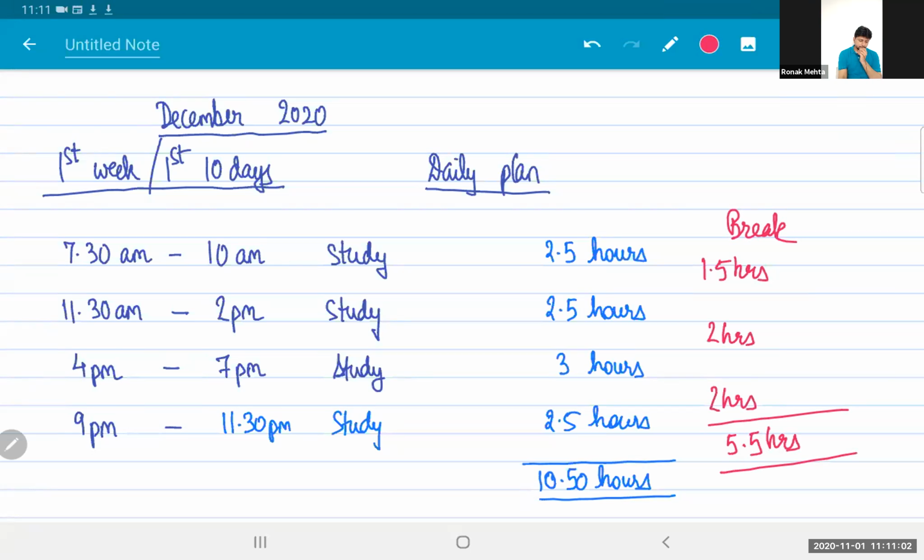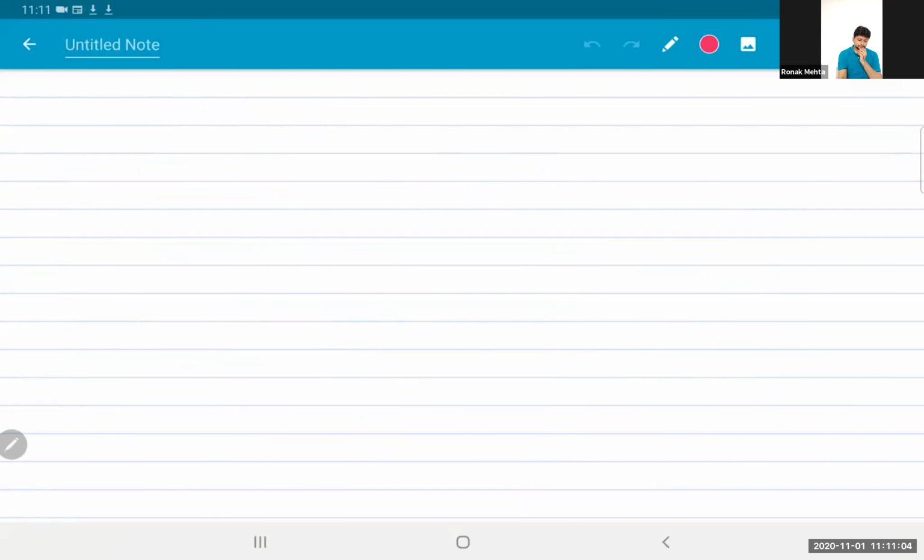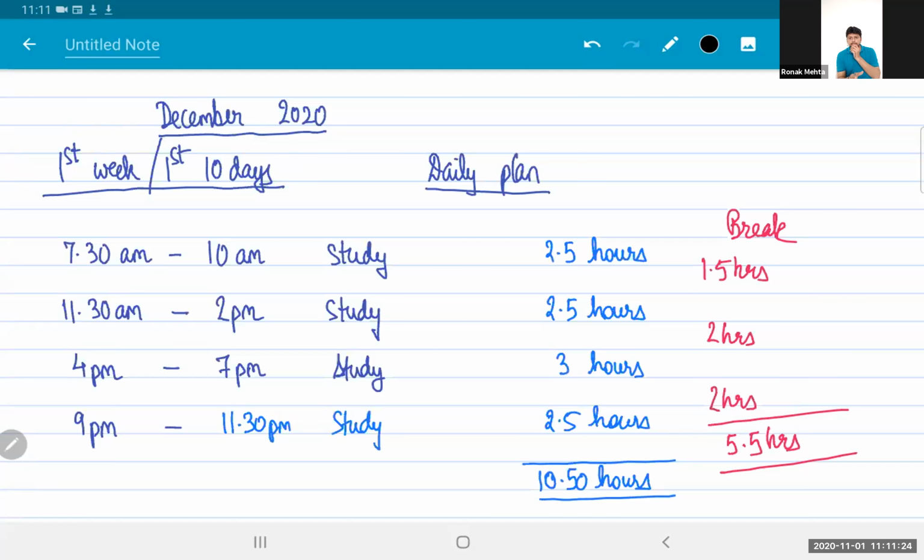This means that as you go ahead, say from 11th of December to 30th of December or 31st December, you can utilize this break time into your study time.